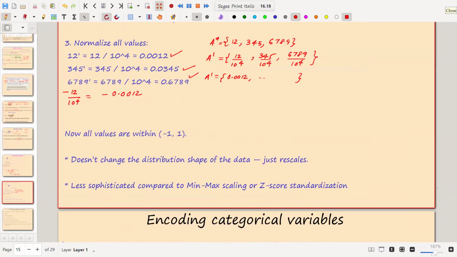One good thing about this is it doesn't change the shape of the distribution of the data. Do you understand why? Are you getting why? Yes, it's just scaling, like zooming in and zooming out. The same shape will be preserved.